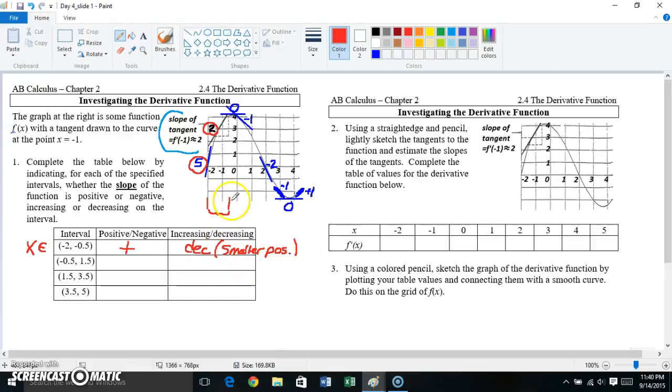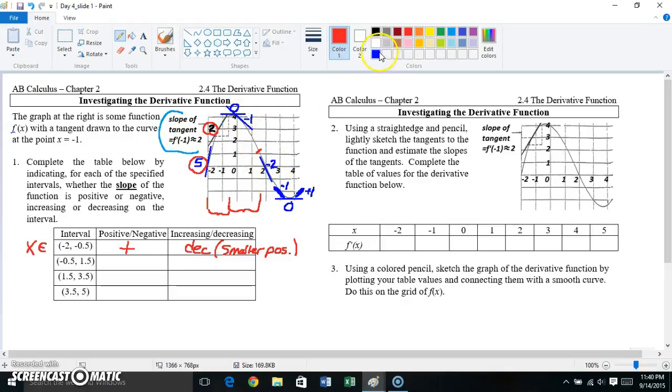Okay, all right, the next interval between 0.5 and 1.5. In here, we're kind of breaking the graph right here.